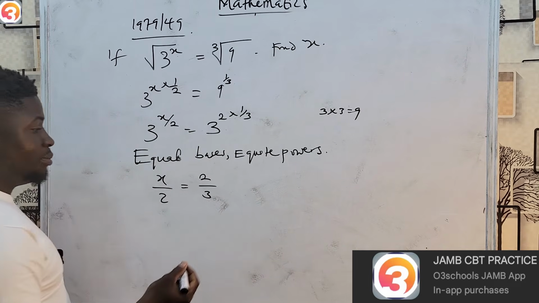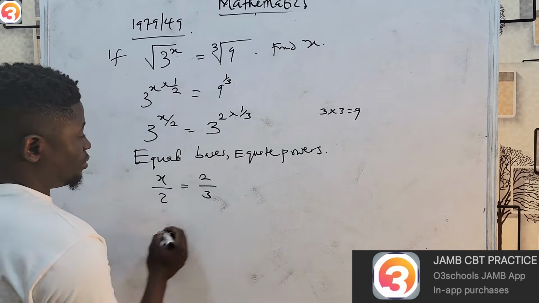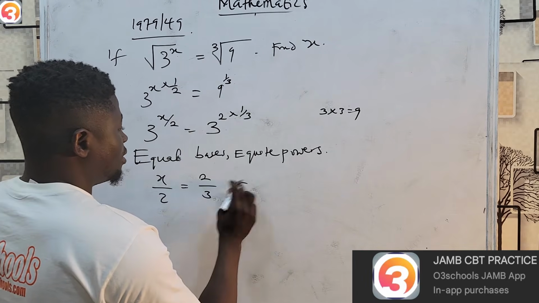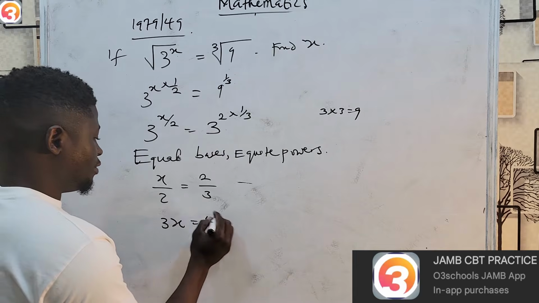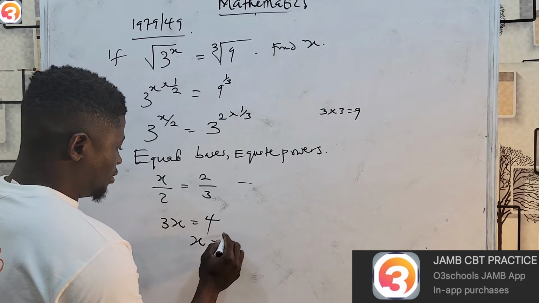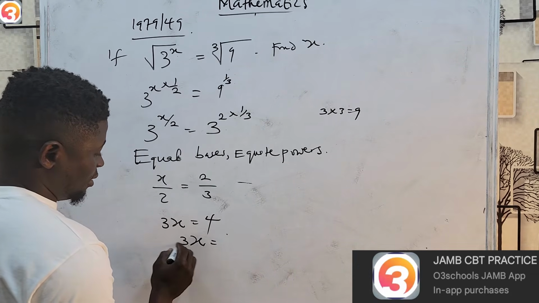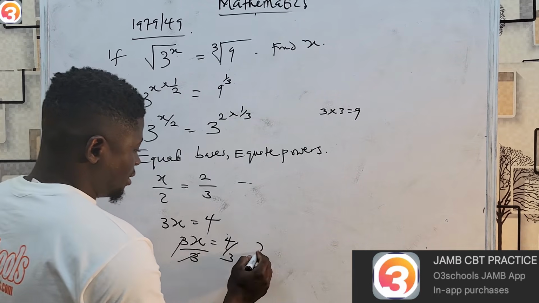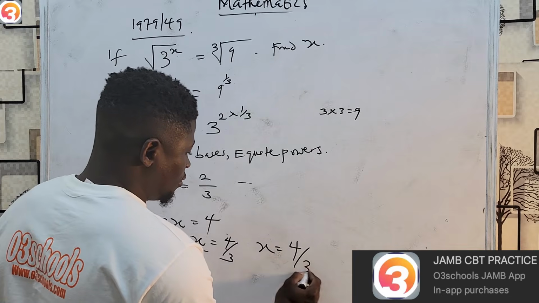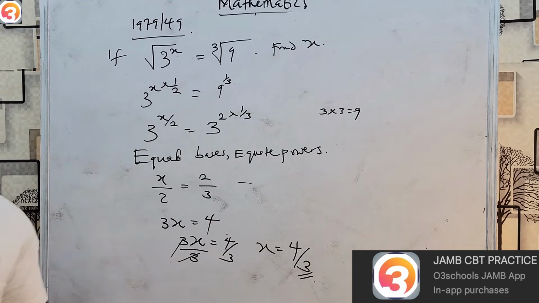So cross multiply: 3 times x is 3x, and 2 times 2 is 4, so 3x is equal to 4. Divide both sides by 3, and x is equal to 4 over 3. It's very, very easy to answer.